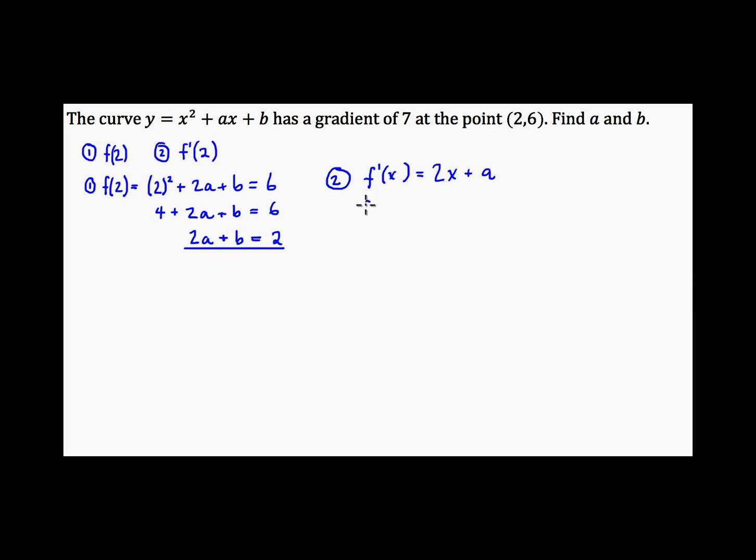So therefore, f prime at 2 is going to equal 2 times 2, substituting in 2, plus a. And this function has a gradient of 7 at the point x equals 2. So we just do a bit of maths. 4 plus a equals 7. So therefore a is going to have to equal 3.